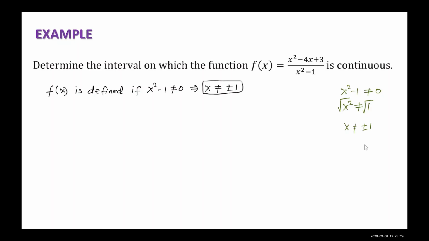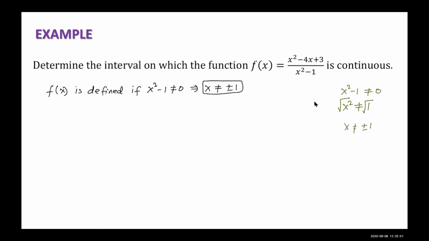The meaning of that is if you plug in 1 or minus 1, the denominator will be 0, because 1 squared is 1 and negative 1 squared is also 1, and 1 minus 1 is 0. So in that case, the function will be undefined. But for everything else, the function is well defined.